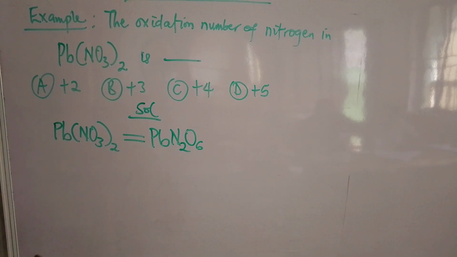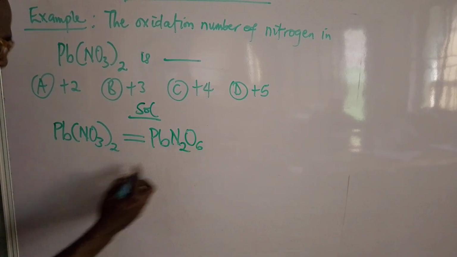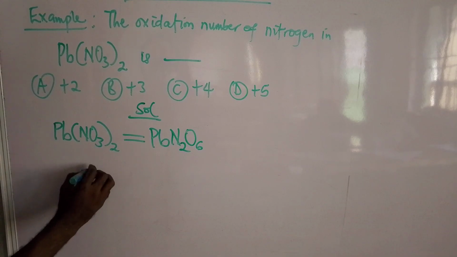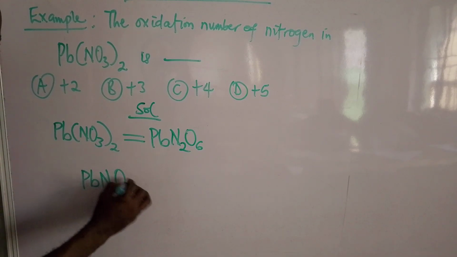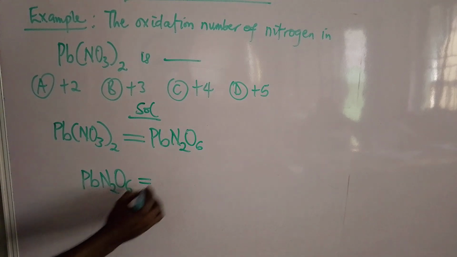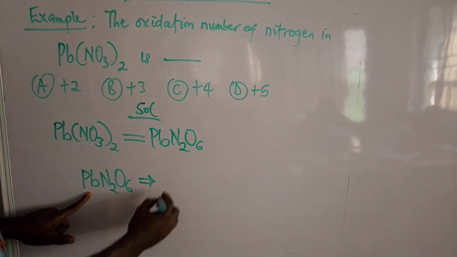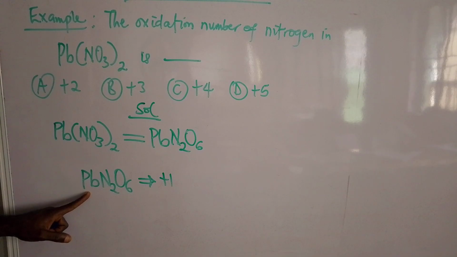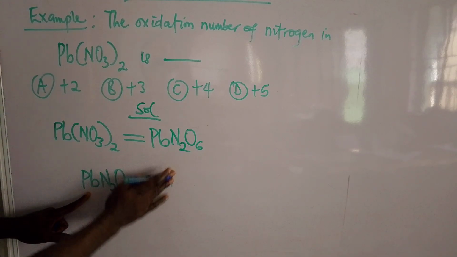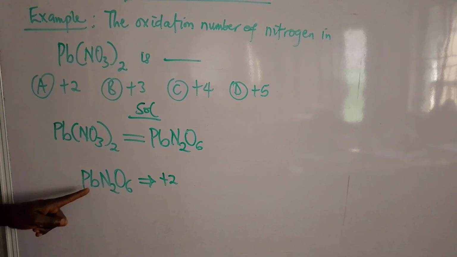Let me rewrite it like this. I want to interpret it in the way I will get the oxidation state of nitrogen. So oxidation state of Pb is, I said +1, +2. Lead is always +2, not 1, please.